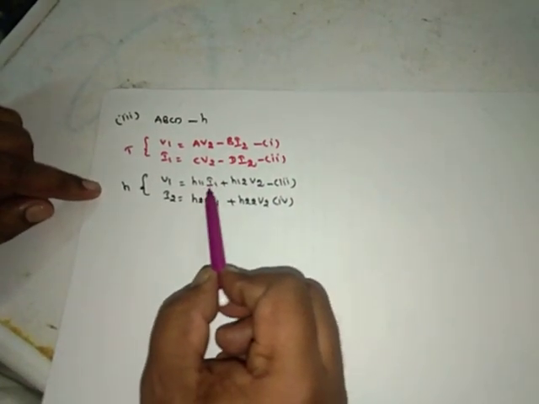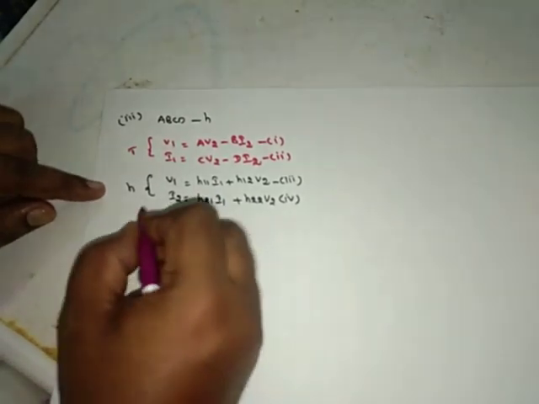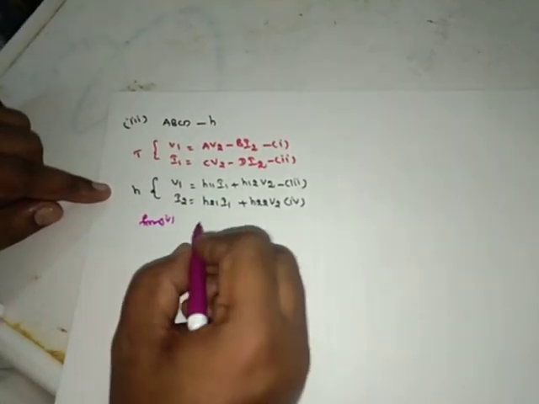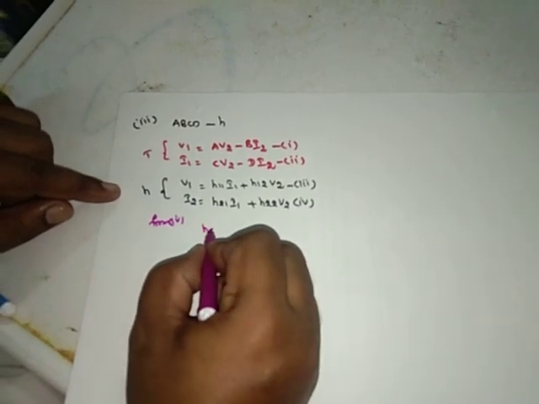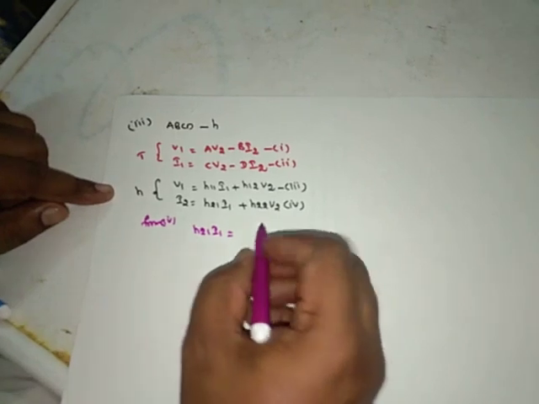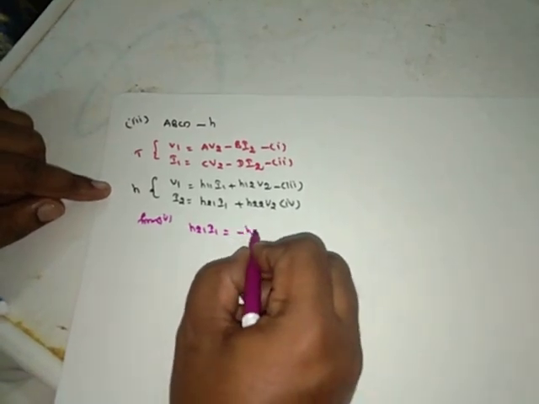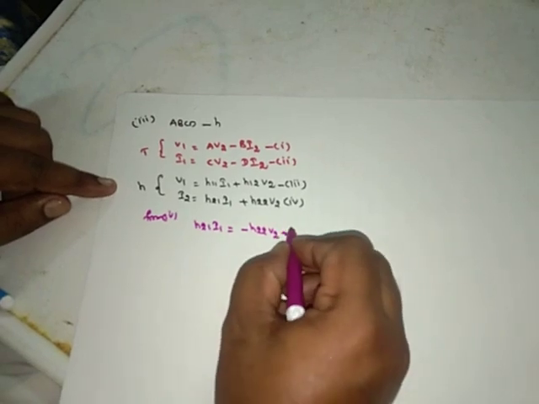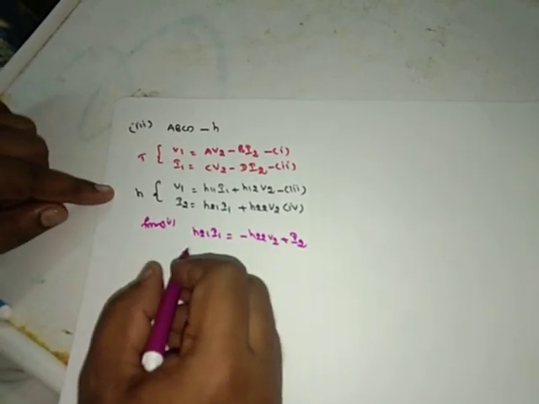So replace i1. So from 4, h21 i1 is equal to minus h22 v2 plus i2.